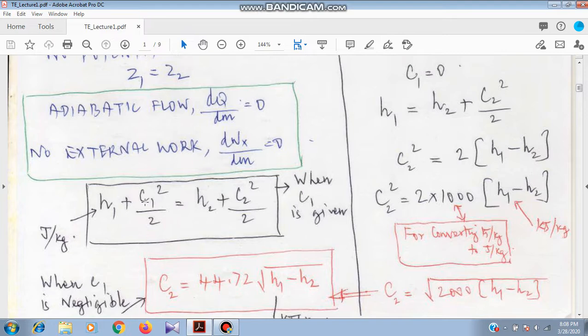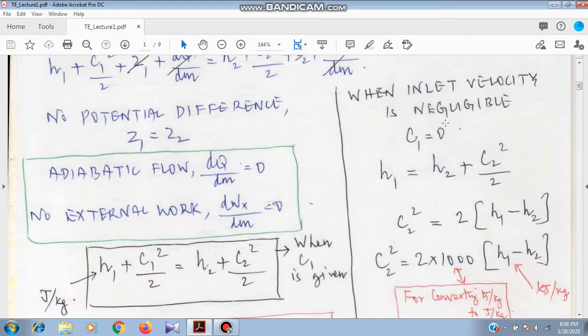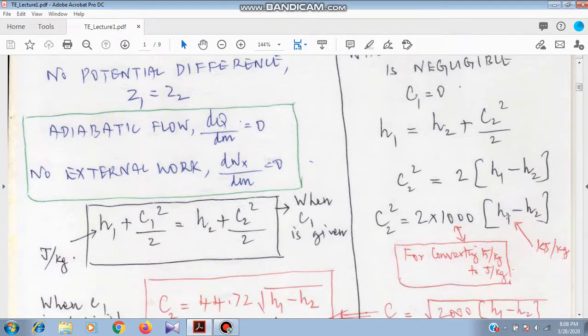And this c1 is the inlet velocity, and the inlet velocity will be very small when compared with the exit velocity c2. So in some cases you can neglect it. So by neglecting inlet velocity c1, by putting c1 equal to 0, this equation becomes h1 equal to h2 plus c2 square by 2. c2 square is 2 times h1 minus h2.